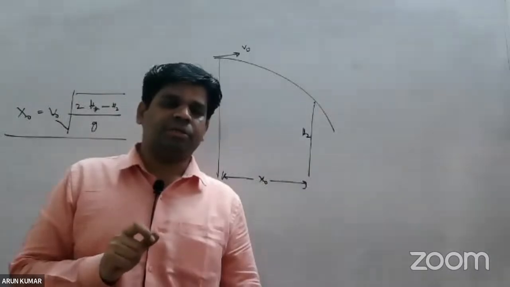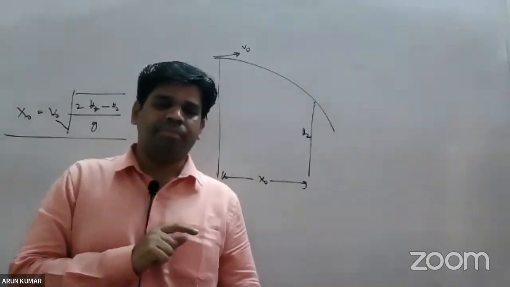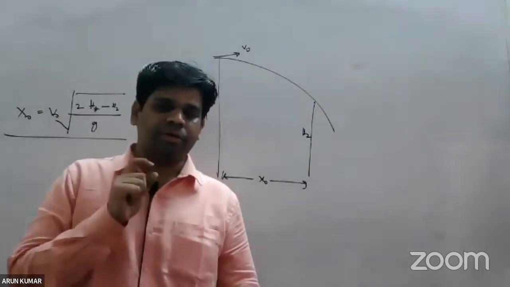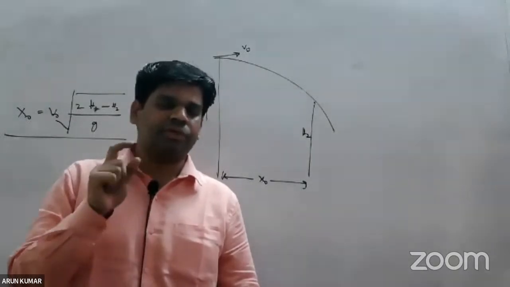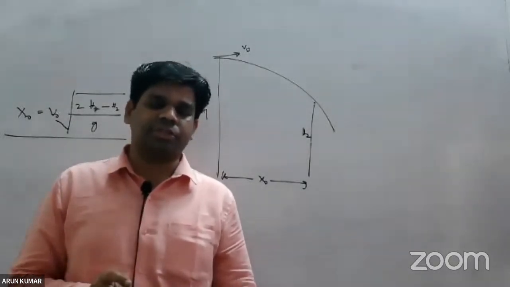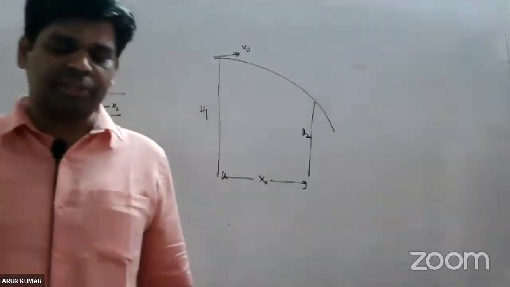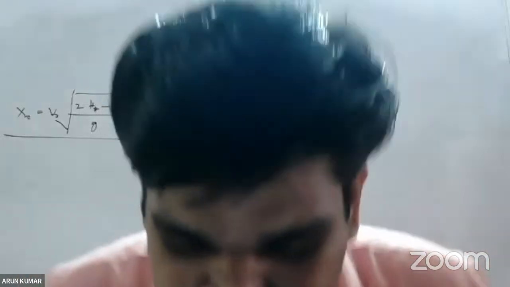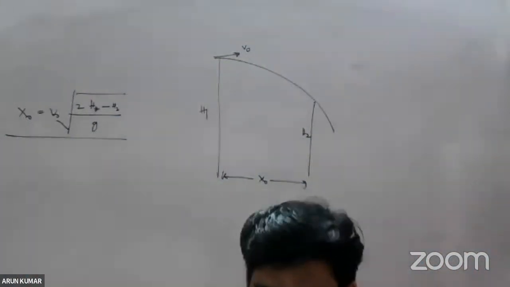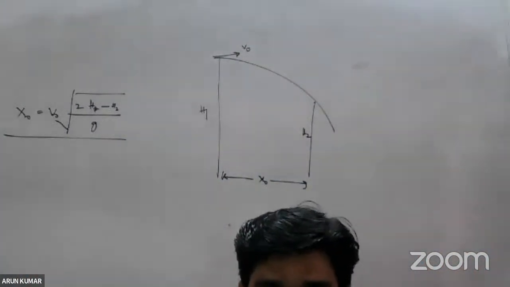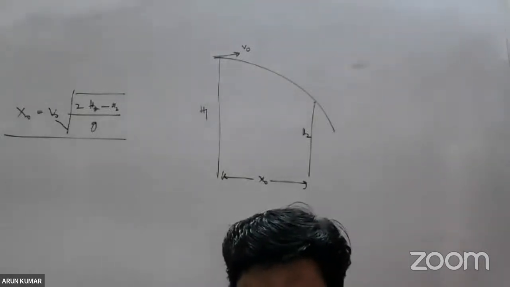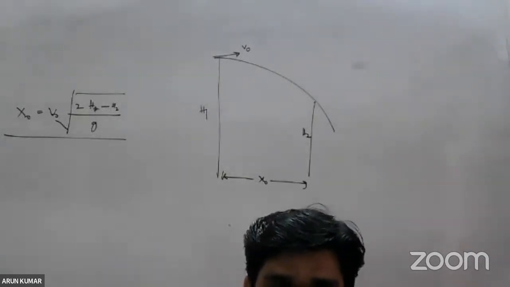Only 1 or 2 cases, but remaining all the cases we have done. Couple of cases are left, which we'll do while doing Newton's laws. But from Monday, we're going to start Newton's laws. All right. So please don't miss the class. Even if you miss 2D motion, you can follow Newton's laws provided your kinematics is okay. If kinematics is okay, then you will be able to follow Newton's laws properly without any difficulty.